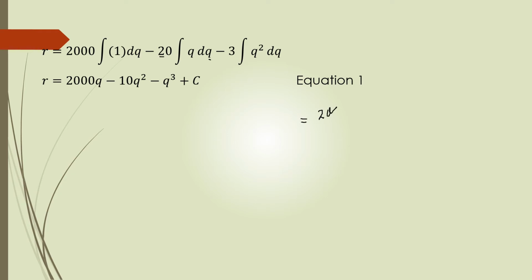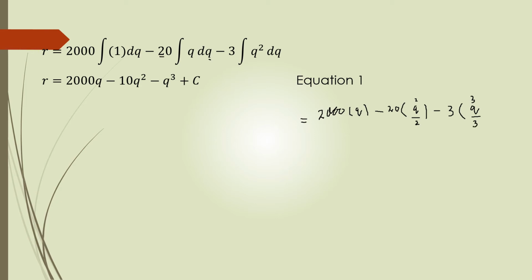Okay, and integration of 1, it will become q, minus 20, and here we have integration of q, it will become q square divided by 2, and minus 3, and integration of q square, it will become q power 3 divided by 3.